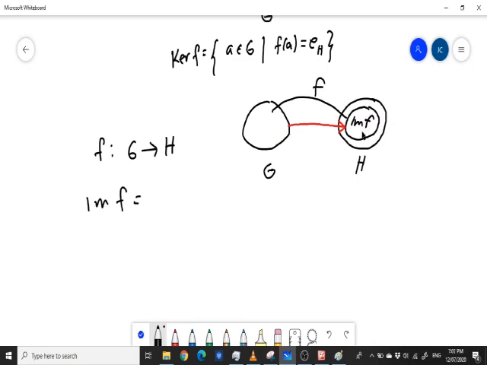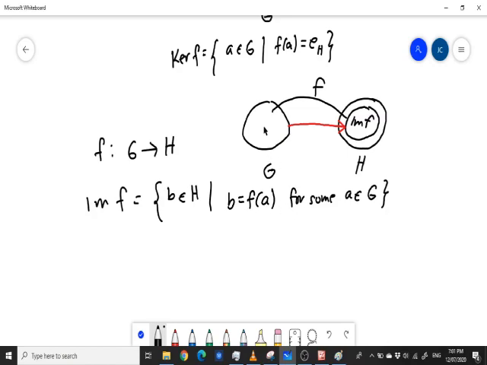So, image of F are the elements B in H such that B is the image of an element A under F for some A in G.